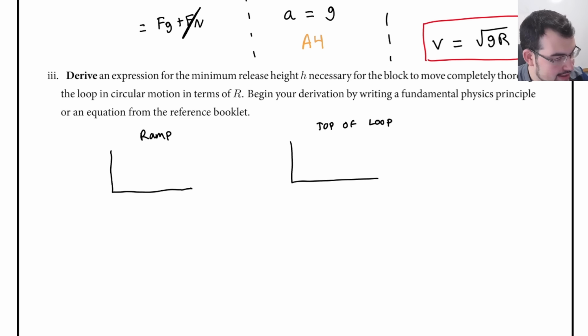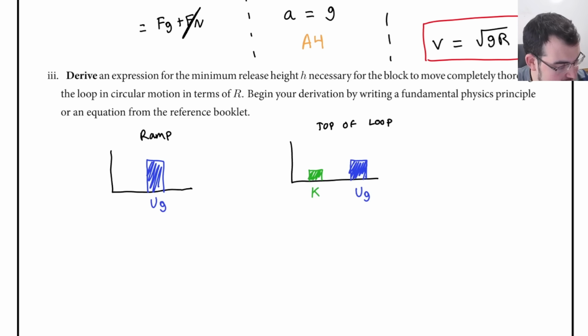When we're on top of the ramp, all of our energy is in the gravitational potential energy bucket. And then when we're at the top of the loop, we still have some energy in the gravitational bucket because we're still above the ground, but we also have some energy in the kinetic bucket because our block is moving.